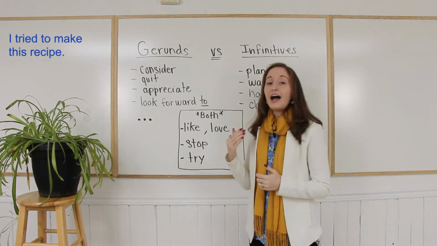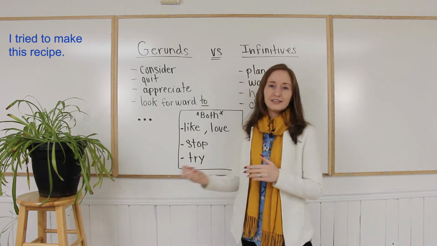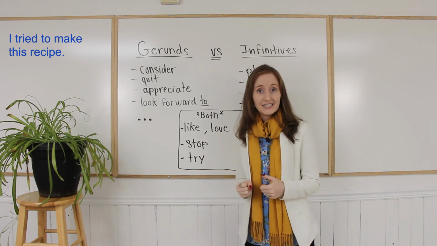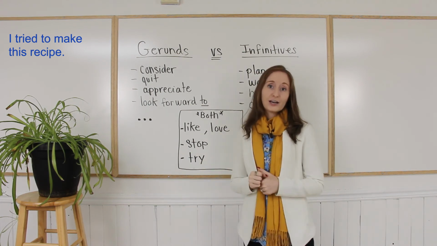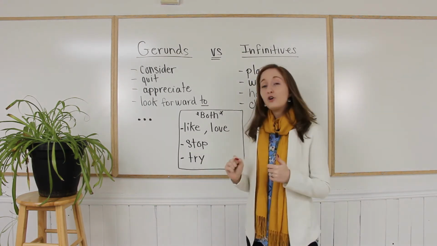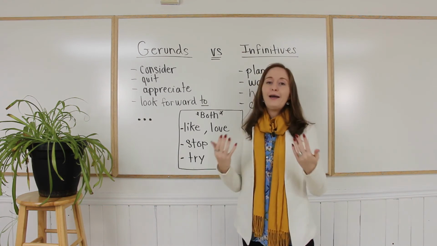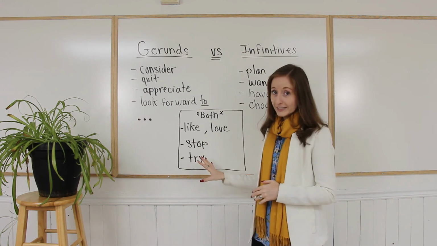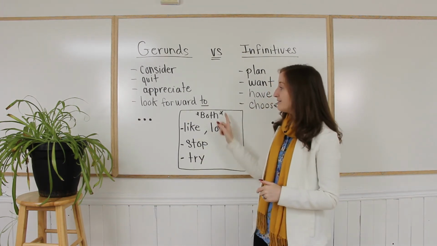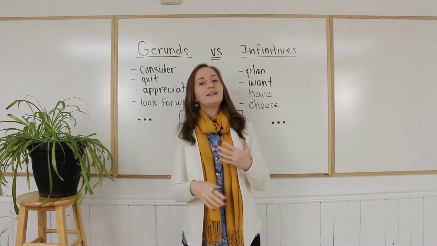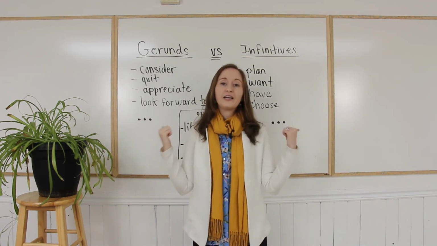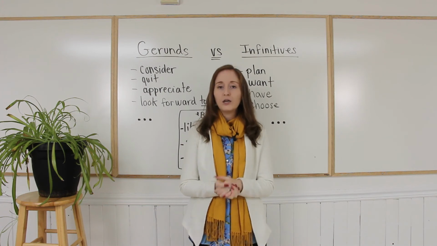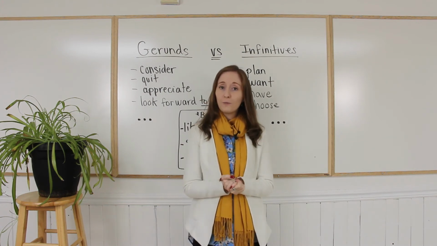If I say I tried to make this recipe, I tried one time and I probably succeeded for this action. So I tried cooking or I tried to cook, big difference. And as I mentioned, this is a small list. For the gerund, the infinitives, and the exceptions, there are more verbs for each of the two general categories and also the exceptions. So please consult the link below.